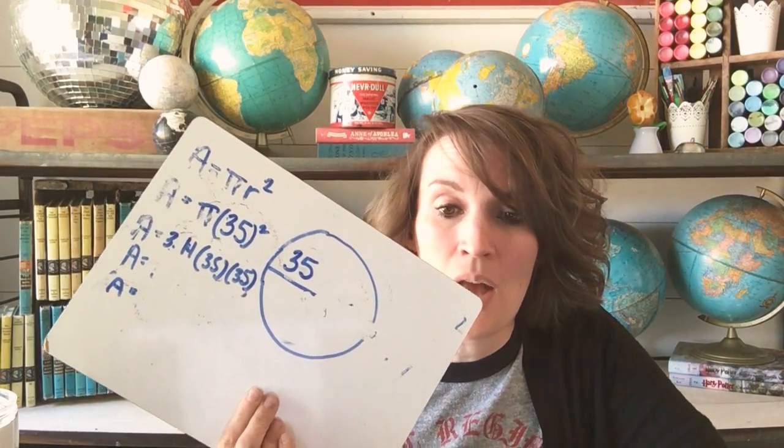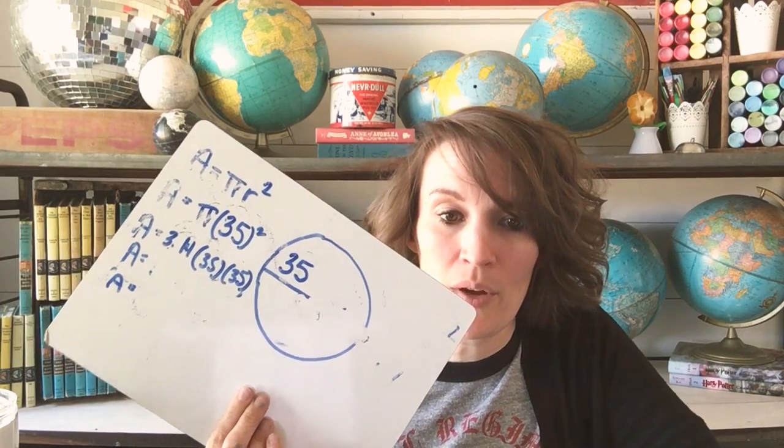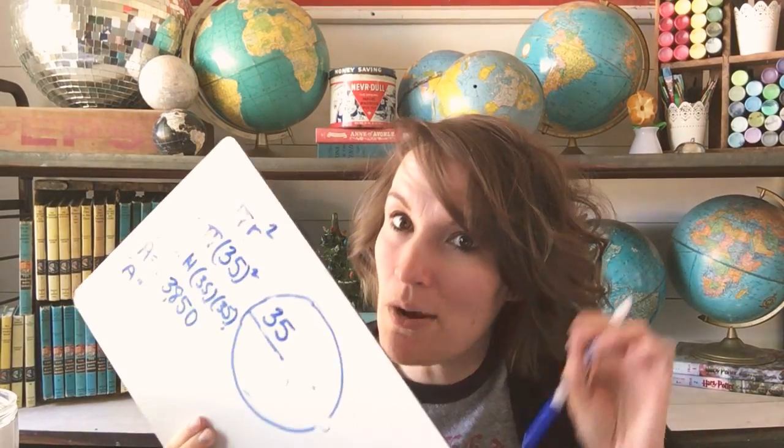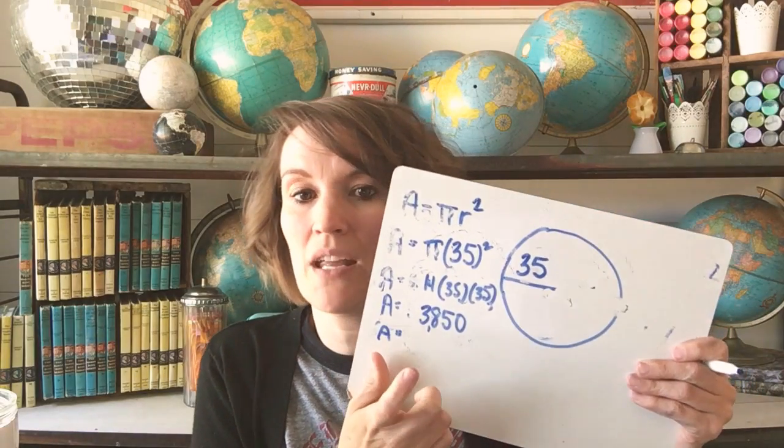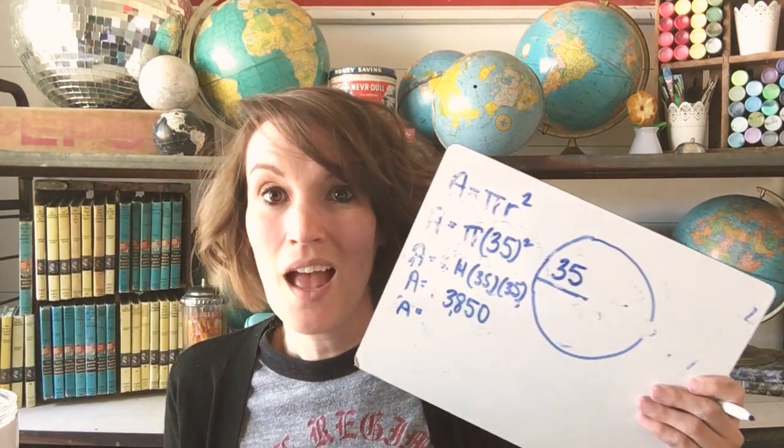When we write that out, it's 3.14 times 35 times 35. It's ugly, but when you do all the work, 3.14 times 35 times 35 is going to be 3,850. There's also going to be a point something, but I don't know what that is. But your answer is going to be very, very close to that.